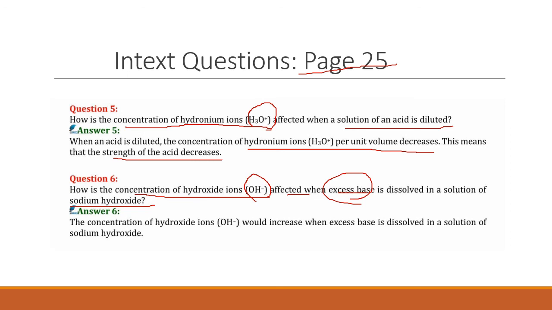So here, as we add more base, the concentration of hydroxide ion, OH minus ion, would increase, because as more base is added, more OH ion is produced, and hence the solution of sodium hydroxide becomes more basic in nature, or we can say the strength of base here increases.